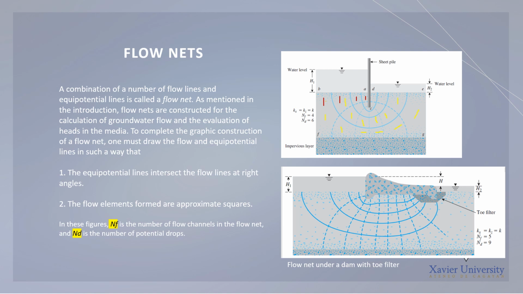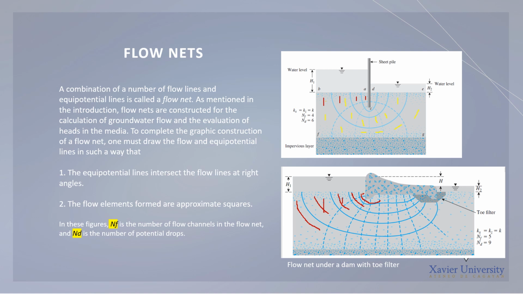So if you are going to count the number of flow channels for this one, we have 1, 2, 3, 4, and then this small one here is 5, no. So basically 1, 2, 3, 4, 5 flow channels.